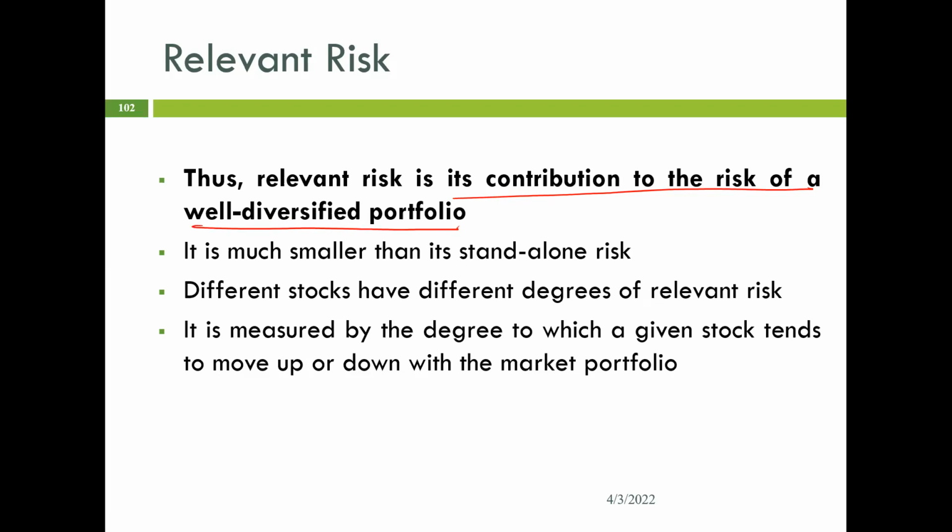In the total risk, the unsystematic part you can diversify away, but the risk that arises from co-movements or correlation remains. Therefore, the relevant risk is its contribution to the risk of the well-diversified portfolio.